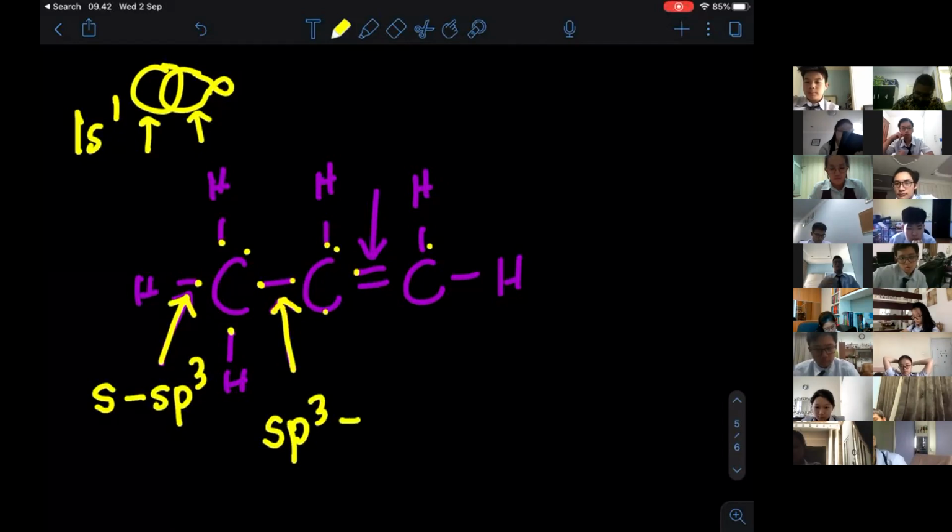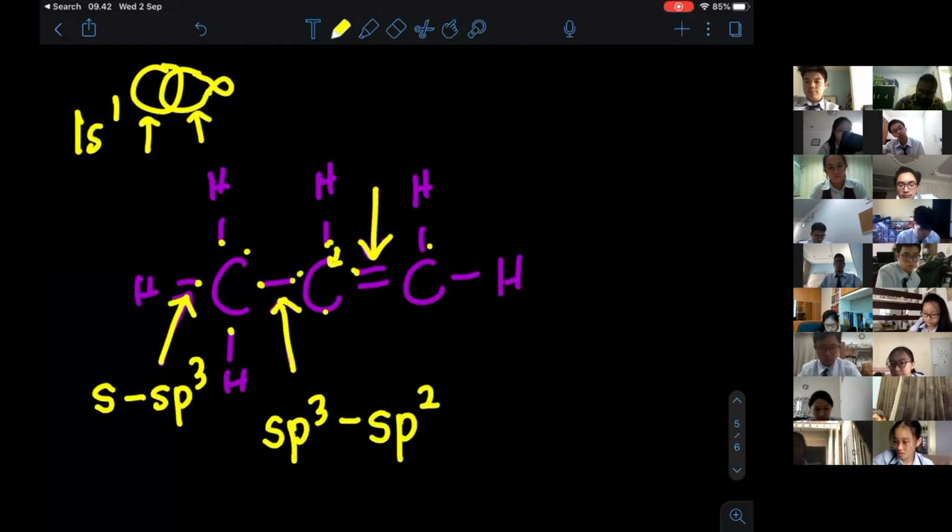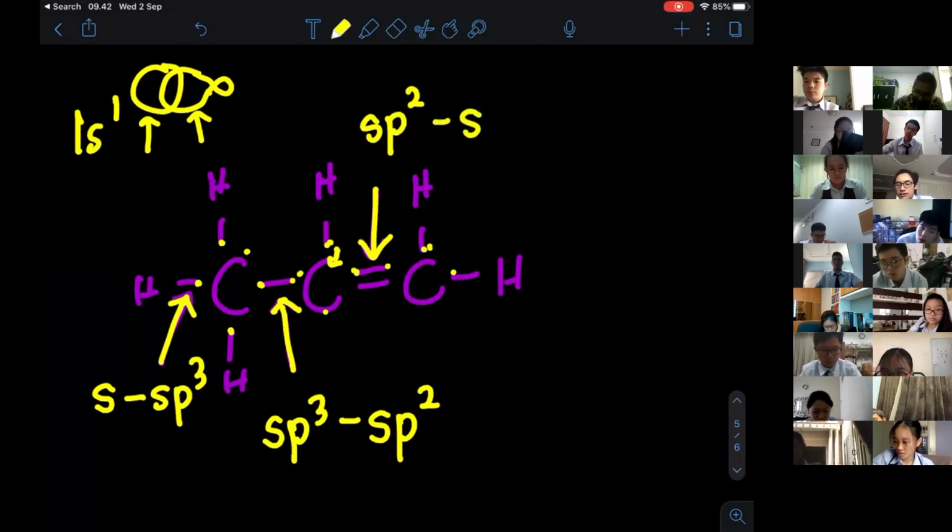So the sigma bond is between sp3 and sp2. Let's look at the sigma bond over here. For this carbon, 1, 2, 3, so it's sp2. How about this carbon? 1, 2, 3, so still sp2.